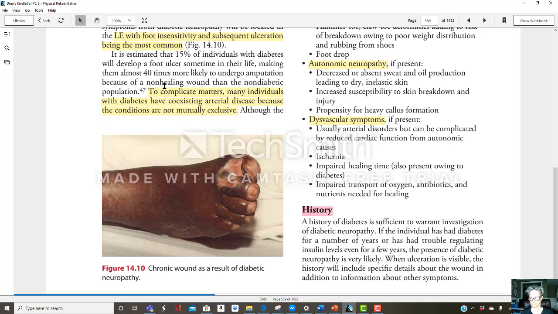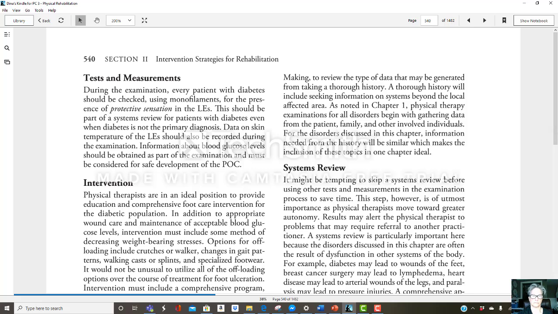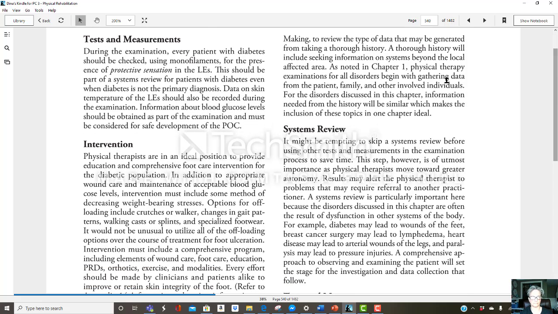When ulceration is visible, the history will include specific details about the wound in addition to information about other symptoms, tests and measurements during the examination. Every patient with diabetes should be checked using monofilaments for the presence of protective sensation in the foot. This should be part of the systems review for patients with diabetes even when diabetes is not the primary diagnosis.